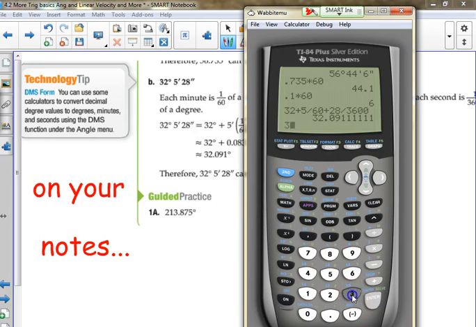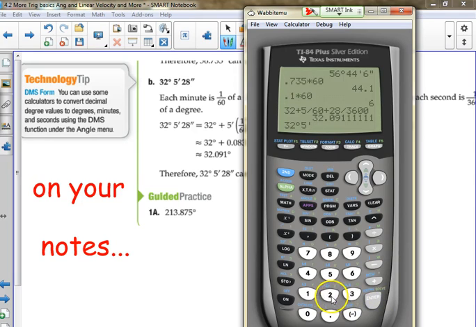All right, so we're going to put 32, and then we're going to go back to that angle menu, which is what? Second apps. And we're going to put in the degree symbol. Got it? That wasn't so bad. And then we're going to put a 5 on our screen right after that degree symbol and go back, second apps, and go down to number 2 and put the minute symbol.